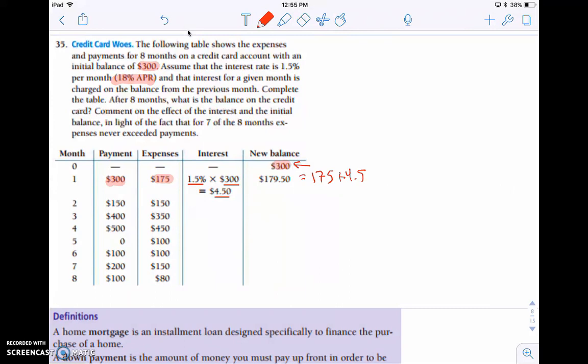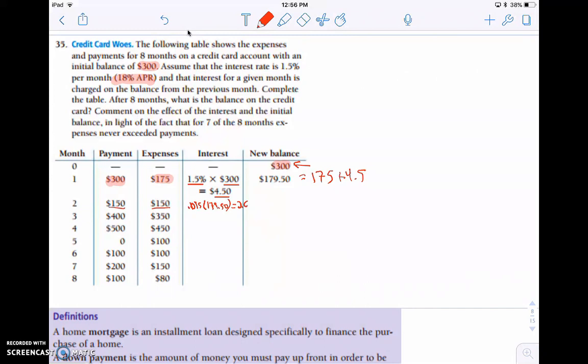In the next column, we pay $150 and we charge $150, so that's not going to change anything as far as calculating our new balance. But our interest is based off of the previous balance, so we take 1.5%, 0.015, times the previous balance, which was $179.50, and that gives us about $2.69.